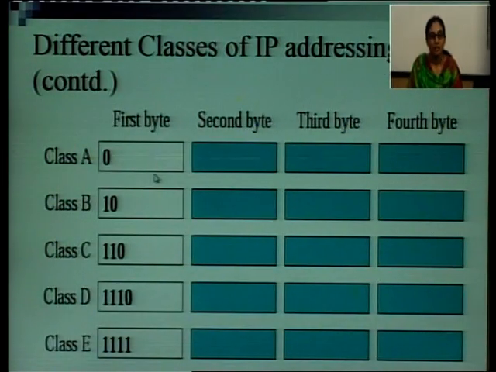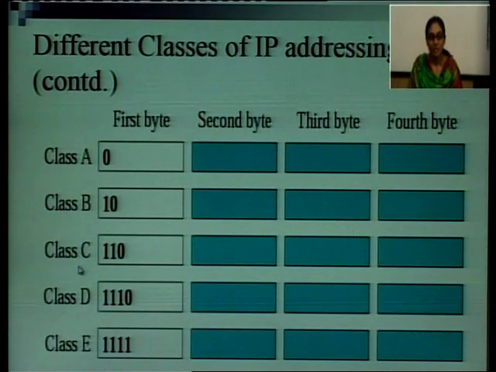Now this diagram shows the reserved bits of the different classes. There are 4 bytes, each of 8 bits. In the case of class A, the first bit of the first byte is reserved as 0. In class B, 1, 0 are the reserved bits of the first byte.